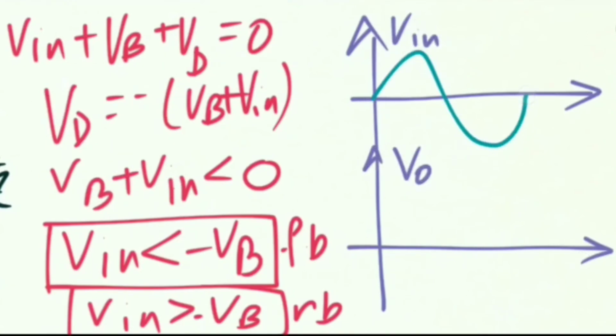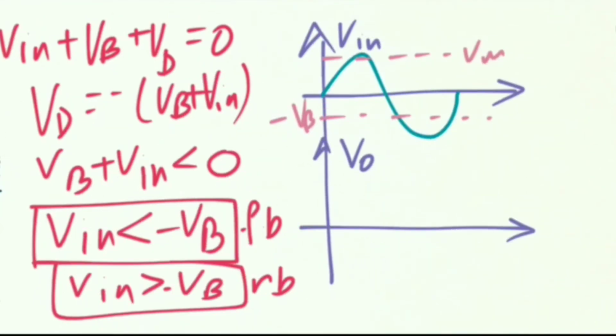This is our input signal. This is the maximum value Vm, and suppose this is minus Vb. The magnitude of minus Vb is taken to be less than the maximum value Vm. So now for Vin less than minus Vb, that is in this duration, the diode is in forward bias, and we will have a constant value of minus Vb for this duration, and except that everywhere the diode will be in reverse bias and it will follow the input graph.